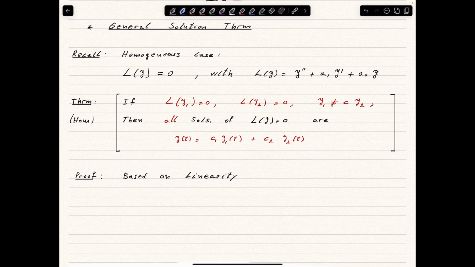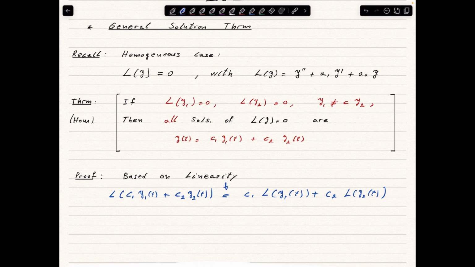The only thing we need to do is compute what is L of C1 y1 of t plus C2 y2 of t. Well, linearity says that this is equal to C1 L of y1 of t plus C2 L of y2 of t.